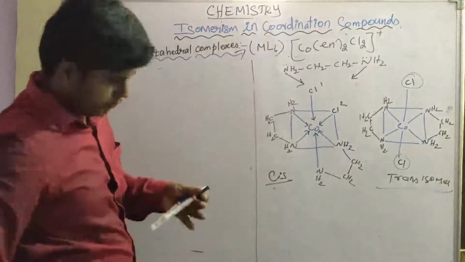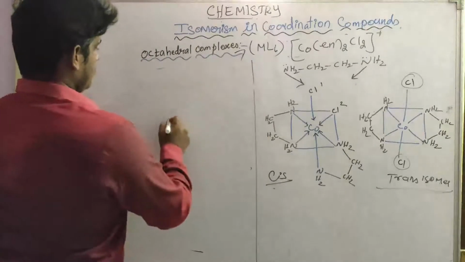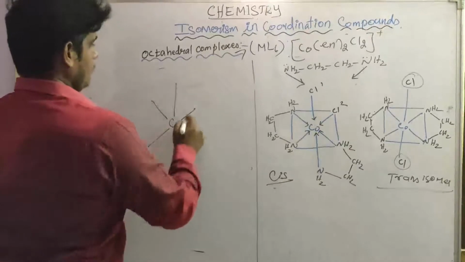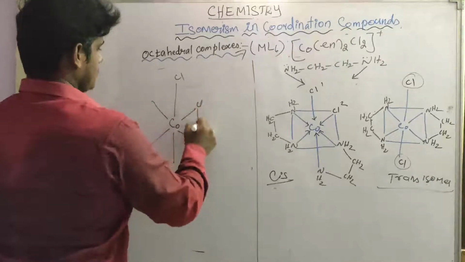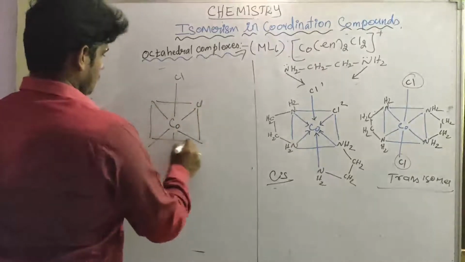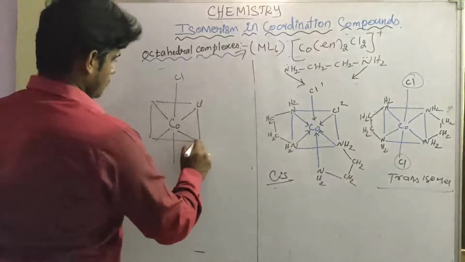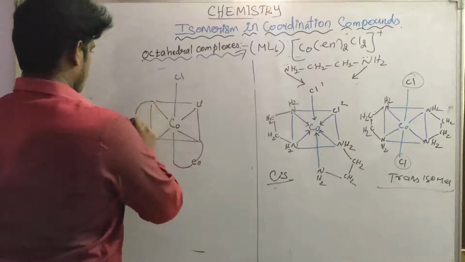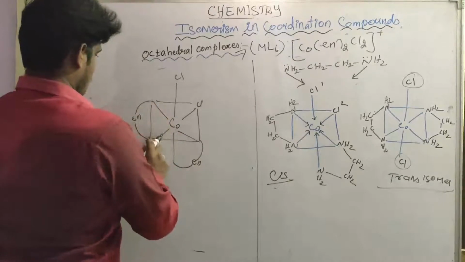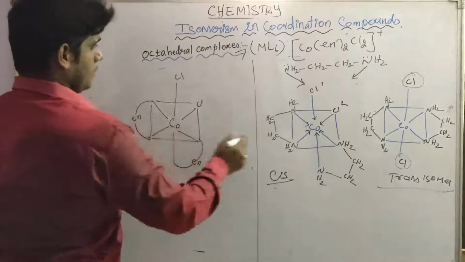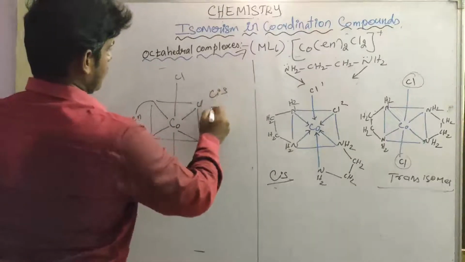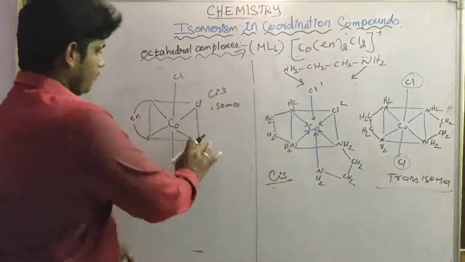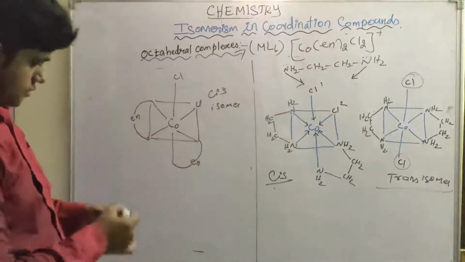So we can write it in a simple format. The central metal atom is cobalt, and the ligand Cl is present. That's all. This is a cis isomer. We don't need to write the full structure; we can write it simply for this type of structure, the cis isomer.